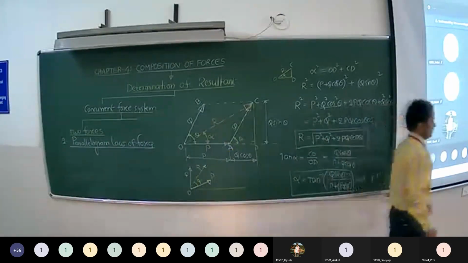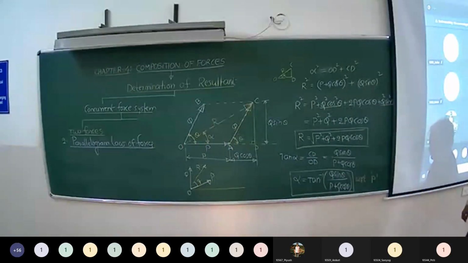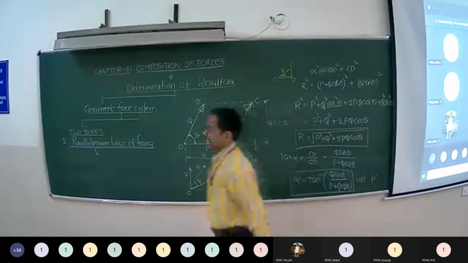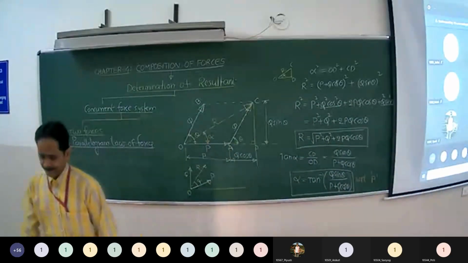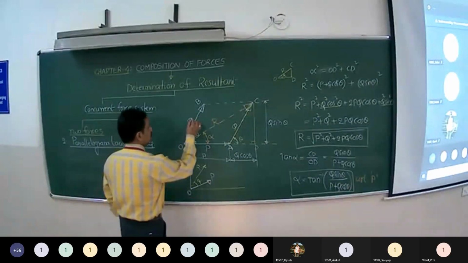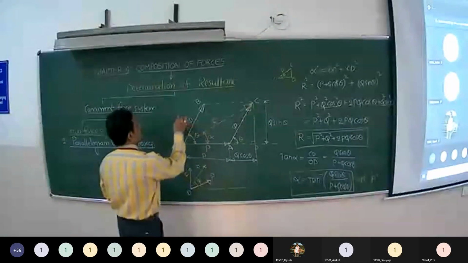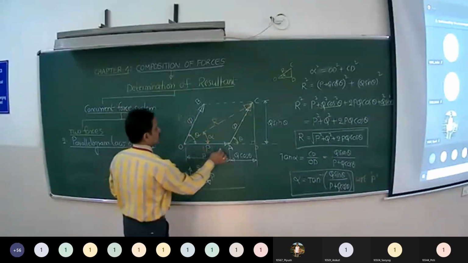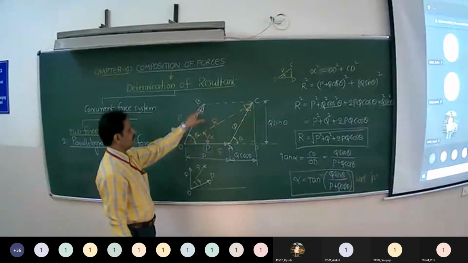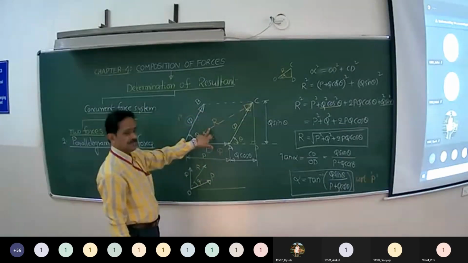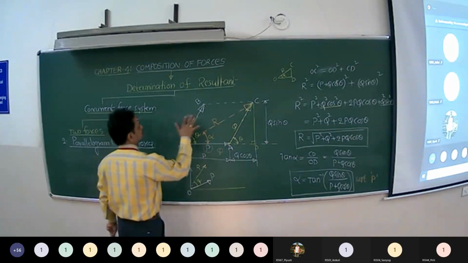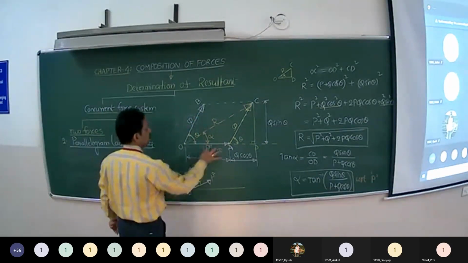Point to be noted. The angle made by the resultant is with respect to force P. Suppose you consider this as P and this force as Q, then alpha is the angle between this R and this force P. Remember, the notations are very important. So it is always with respect to force P.